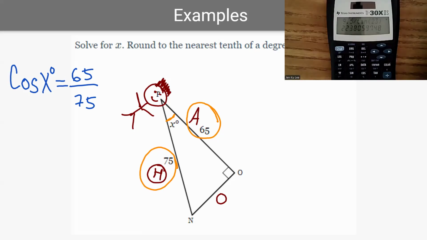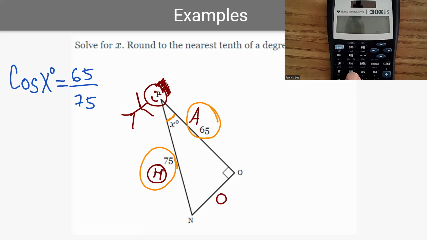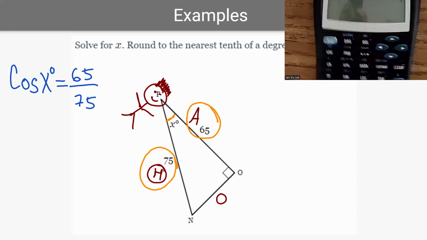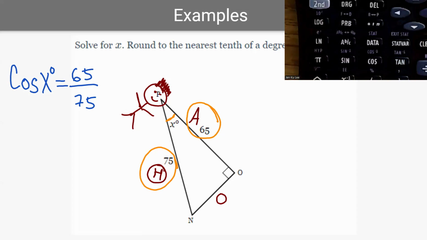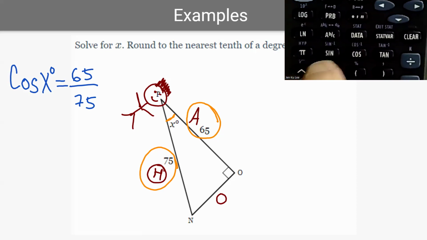You guys see the buttons above sine, cosine, and tangent? It says sine to the -1 power, basically. Cosine to the -1 and tangent to the -1. That -1 power is not to the -1 power.